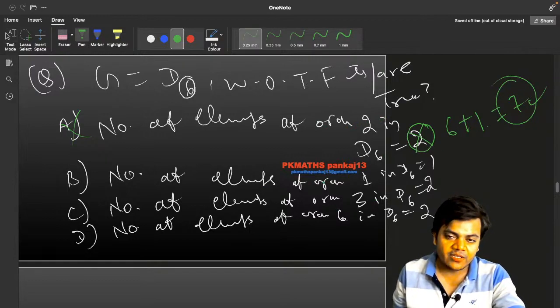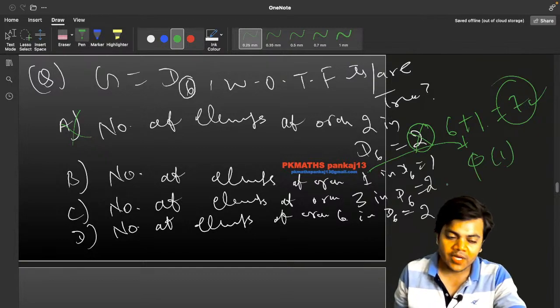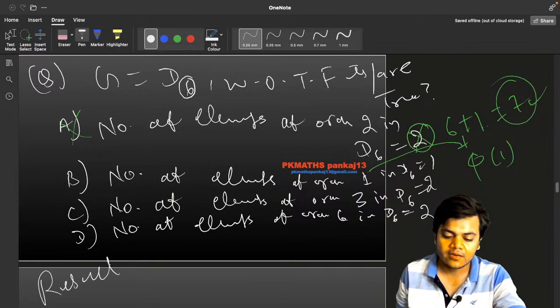Now the number of elements of order 1 in D6, okay, तो ये क्या हो जाएगा? φ of 1. Okay, φ of 1. Because why is this going to happen? Because for Dn there is also a result. Let me write that.